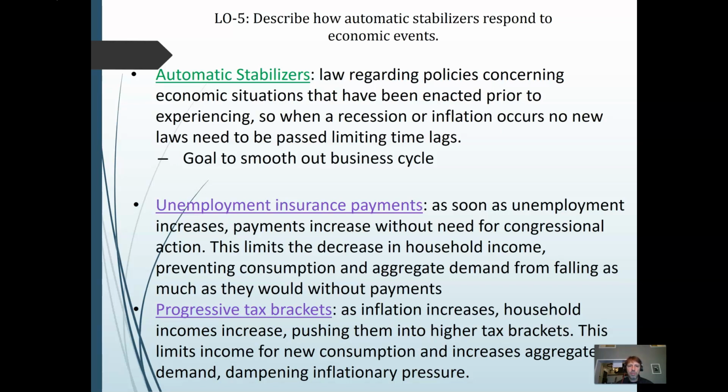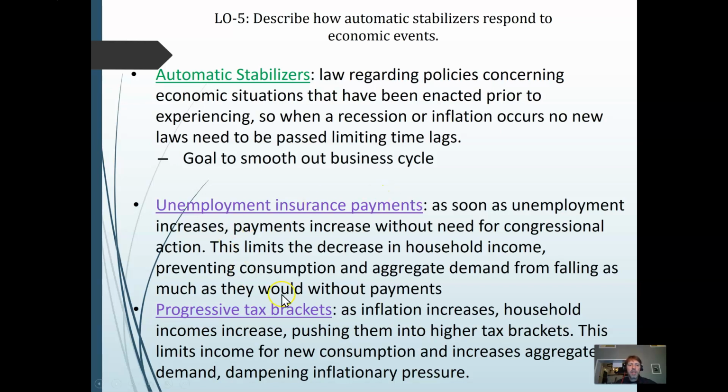As soon as someone is unemployed, whether that's 3% of the population like it was in 2019, or more like 9% of the population, which it is currently as I'm talking with you, the unemployment insurance payments kick in automatically for households. We don't have to vote: are we going to keep giving these? Do we give them now that there's more people unemployed or less people unemployed?